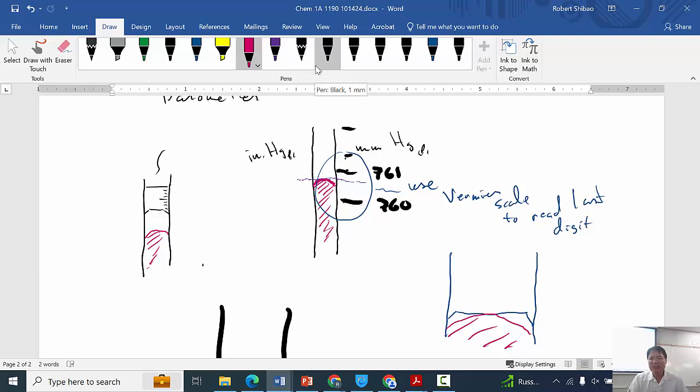And then you look at the vernier scale, and it is going to be printed like this. There's going to be a 0, 5, and then a 10 mark here.